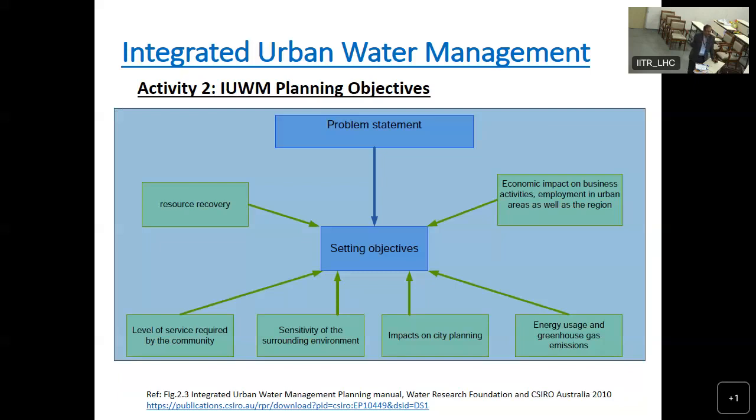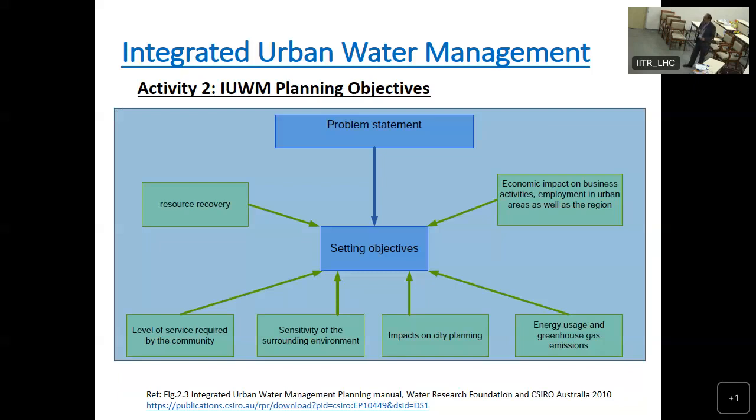Or it can be whether we can utilize that wastewater for supplying through the dual water supply system. That can be the resource recovery, whether we are considering that aspect.